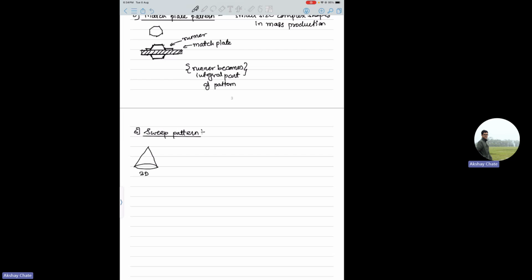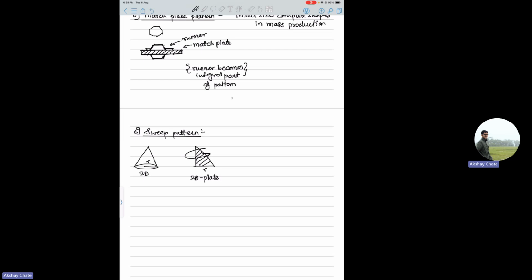They take a triangle of the same bottom radius. If this is your R, this is also R, but this is a 2D plate. They put it in the sand and they sweep it. It is swept 360 degrees and you get a cone. You'll never make the cone like this; the cone will always have the circle on the top, because otherwise you can't remove the pattern out. So that is the sweeping pattern.